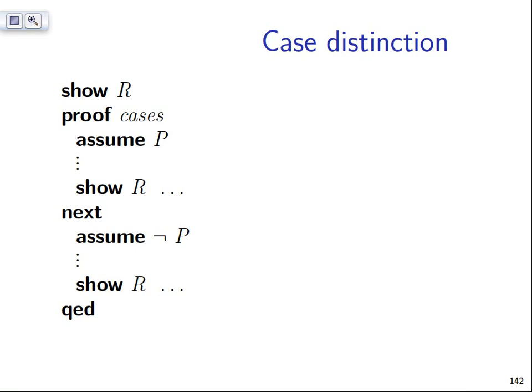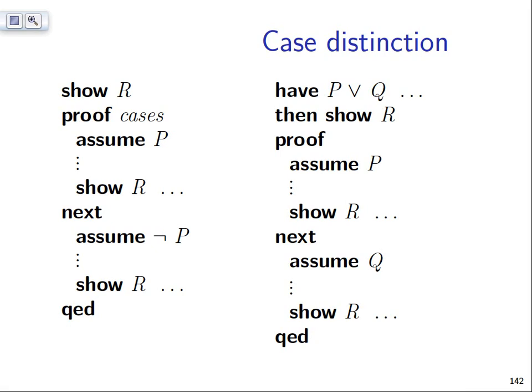You want to prove some formula R, and there are two cases, one where you assume P and one where you assume not P. And that corresponds to a certain proof rule, but I don't want to use the proof rule. I want to write some text that is readable rather than just applying some unreadable proof rule. And that's where all these proof rules hide in these texts.